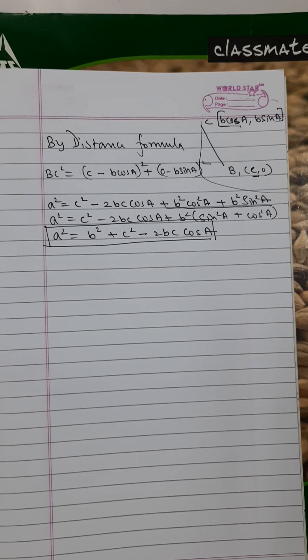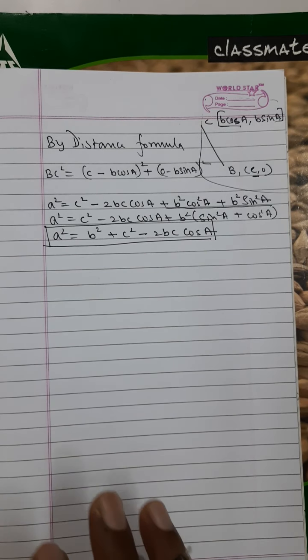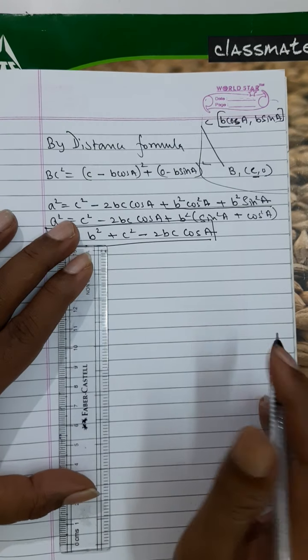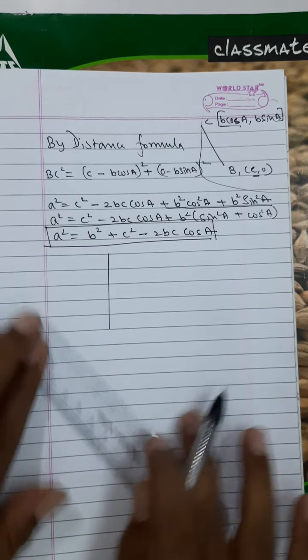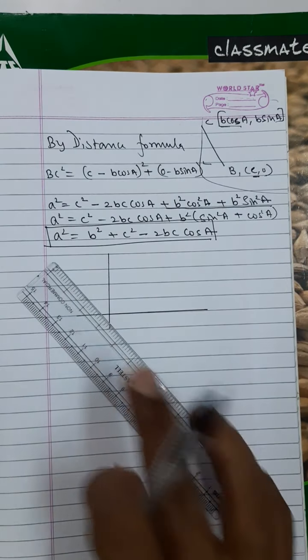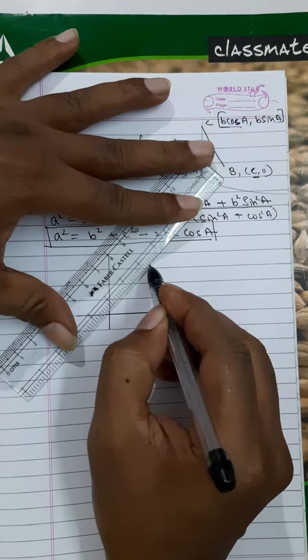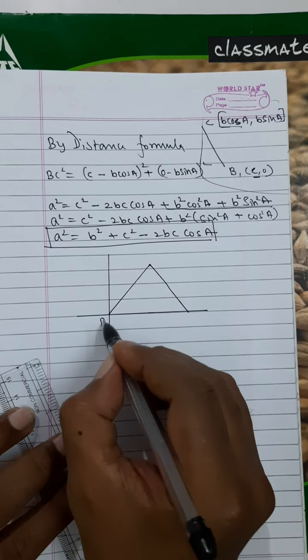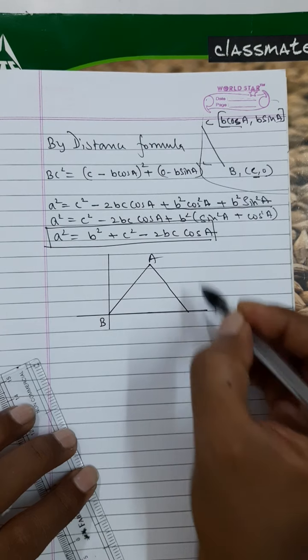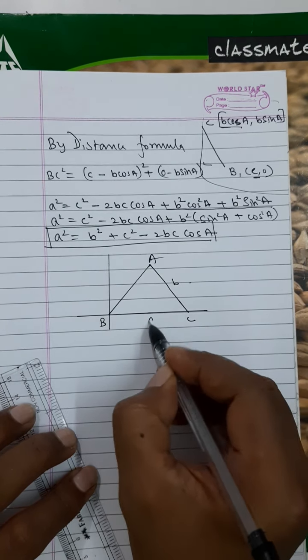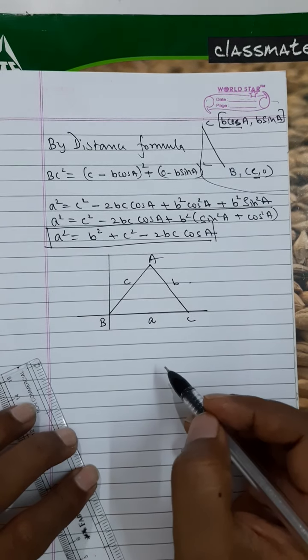Okay, my dear students, this is basically simple, and now I am not going to write everything, I want you all to solve this. If I consider the same thing in this fashion, if I move the triangle so that B comes over here, A comes over here, C comes over here, this will be my b, this will be my a, and this will be my c.